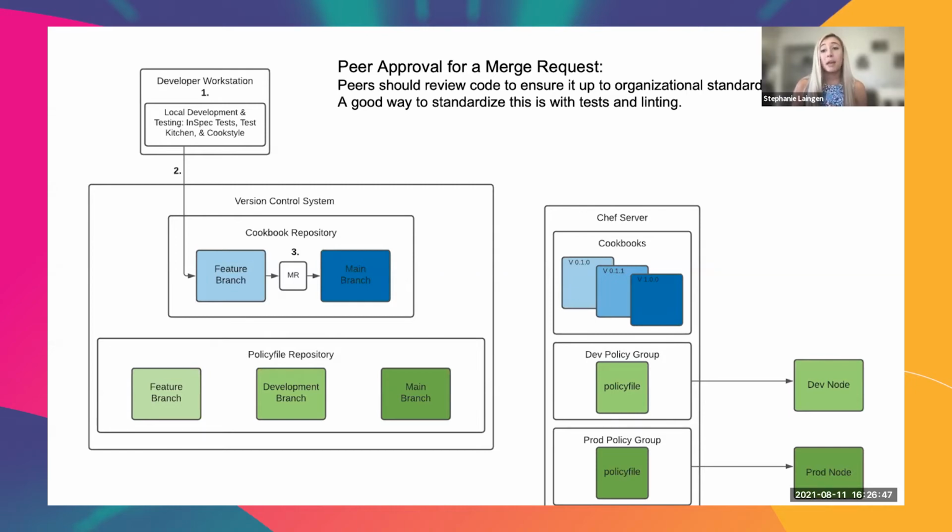And in order for them to be confident about the changes in our code, they'll probably run Test Kitchen tests and Cookstyle linting locally, as part of our workflow, or just our process that we do in our organization. Once that change is accepted, it will be merged into the main branch.